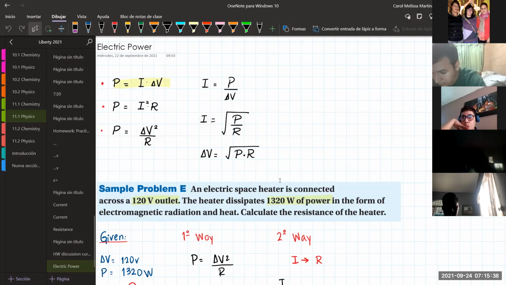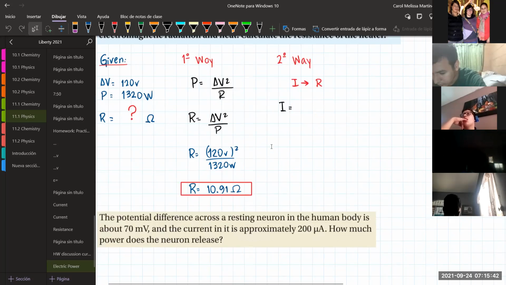So current is equal to power divided by the voltage. By plugging in the givens, current is equal to power, that is 1320 watts, divided by the potential difference, that is 120 volts.